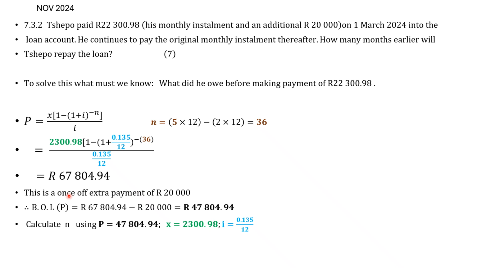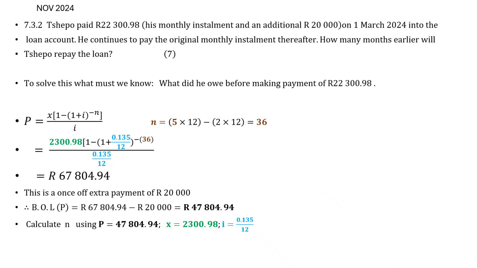So calculate n using P. P is 47,804.94, x is 2,398 and i is 0,135 over 12. We need to know how long it takes him now to pay off this total if he continues paying 2,398 Rand.